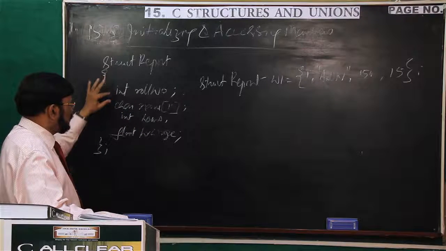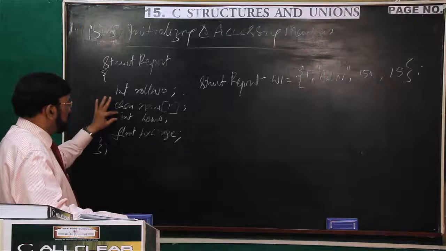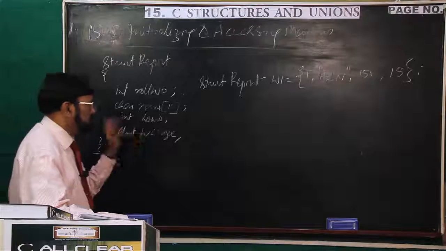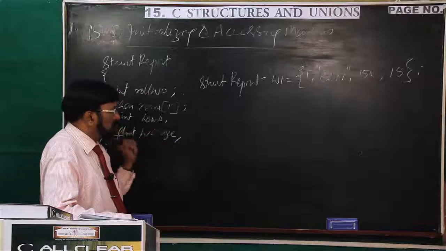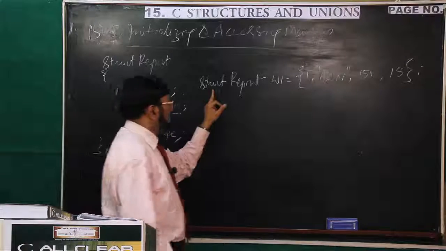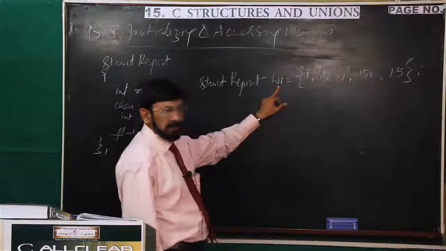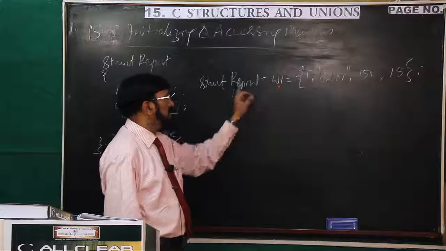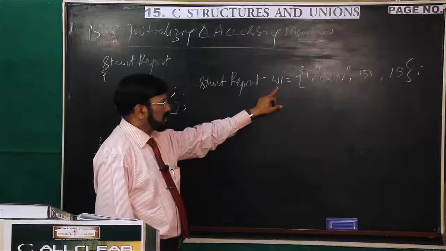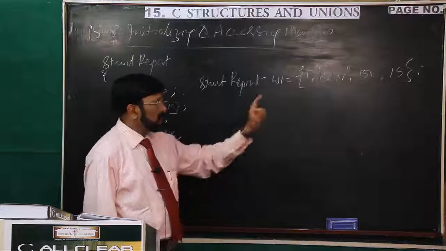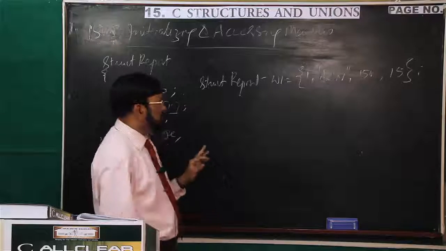For this purpose, the next step: now you see the same old first example I have given, report, with int roll number, char name string, int hours, and hourly wage. There are 4 data members. Now, I define a structure type report variable, worker 1. I declared it, and now I also initialize it.